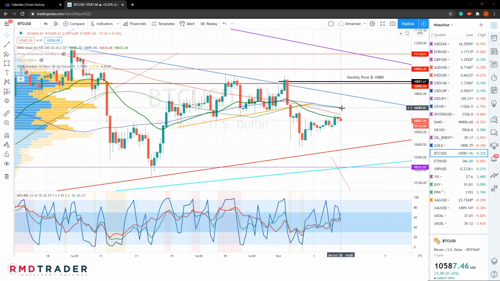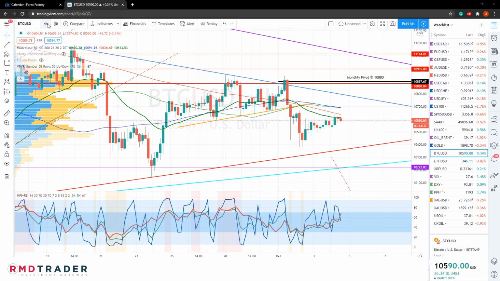That is also where we see our 50 and 100 SMAs on the 4-hour. Any rejection lower from this area will take us firstly into our lower diagonal at about 10,380, perhaps a bit lower, depending on where we draw this line.